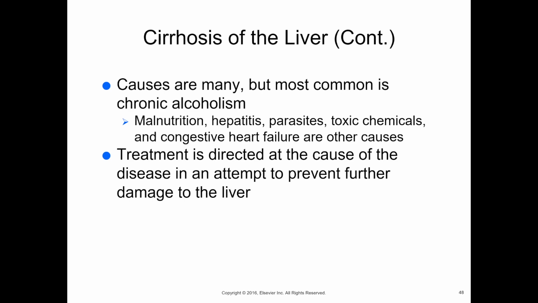But there's even other things such as Wilson's disease and hemochromatosis. Wilson's disease is a problem with the processing of copper in the body, and hemochromatosis is a problem with the processing of iron by the liver.